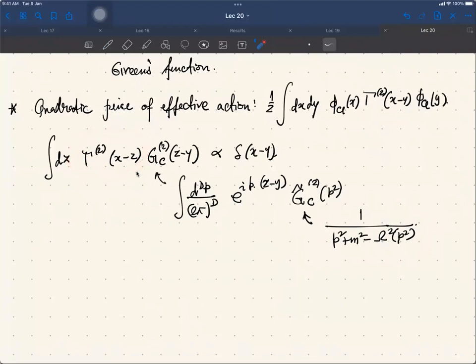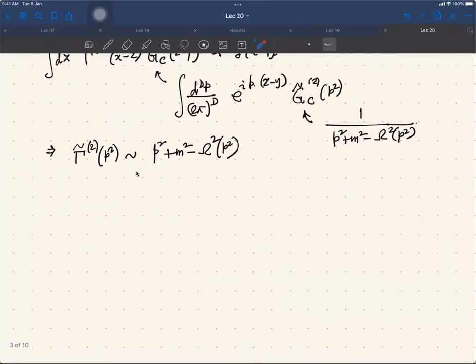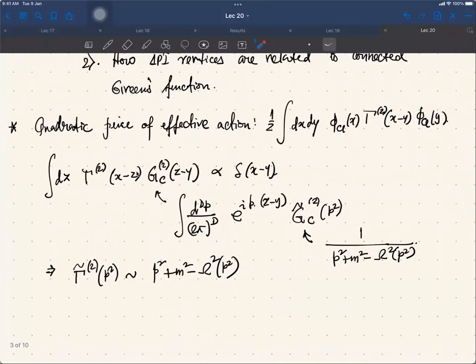This is what we saw earlier, and therefore the Fourier transform of gamma_2 will be given by p square plus m square minus omega square of p square, because it should be inverse of that. And so this is for n equals 2.